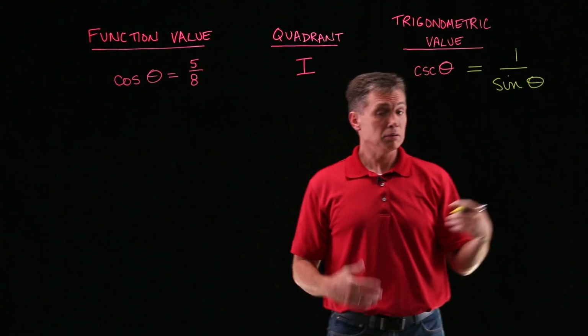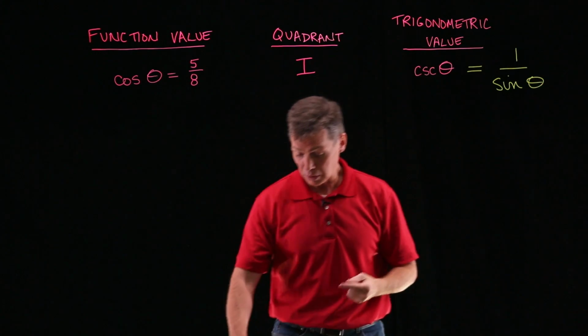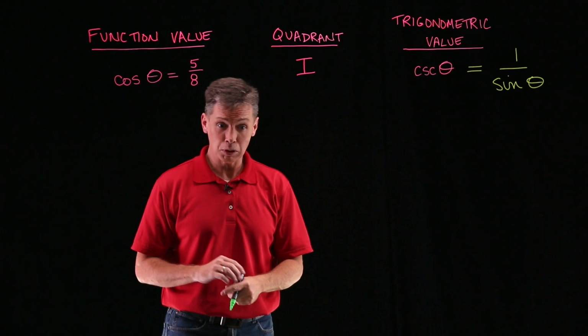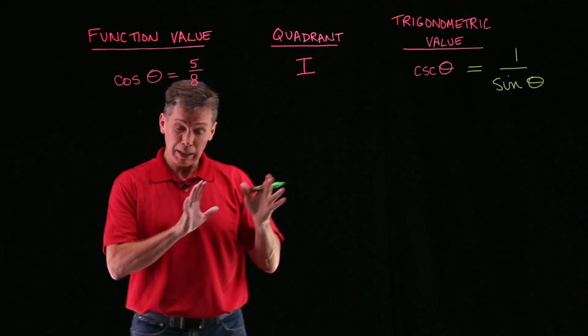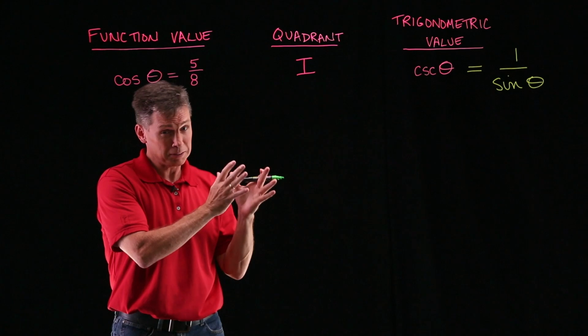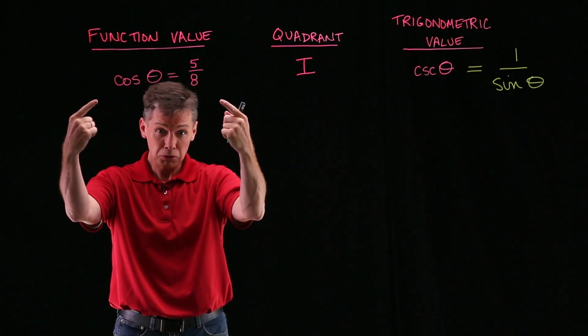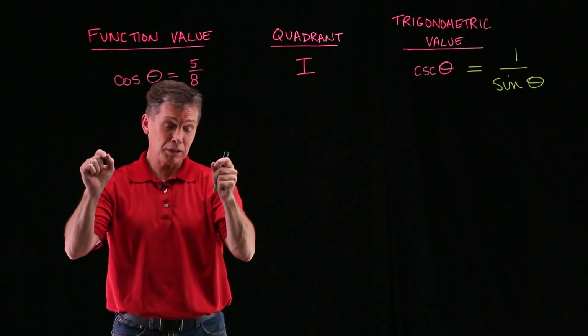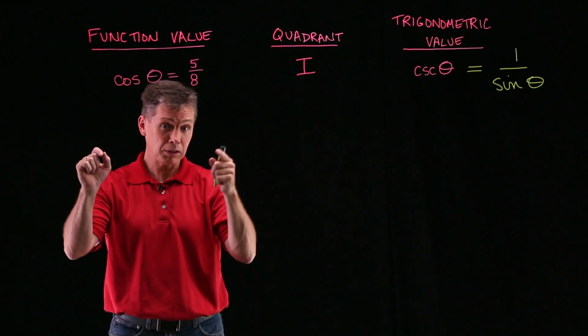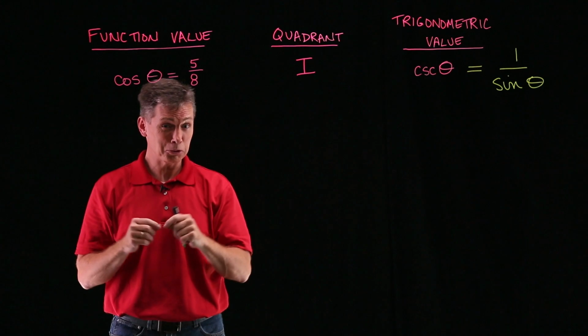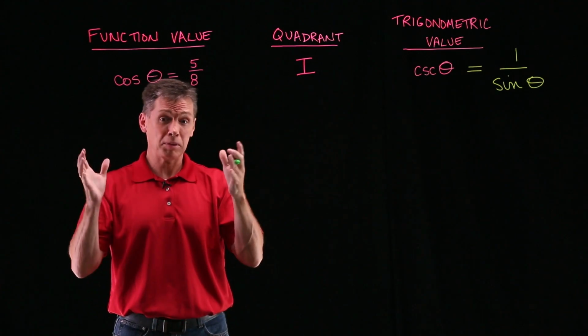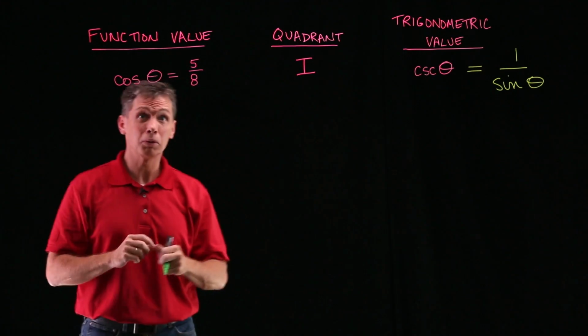The reason why I want to start with that is, now let me slide over here and do some more work, if I know that my answer is dependent on sine of theta, but what they've given me involves cosine of theta, I'm going to try to find a relationship between sine and cosine. You got to know your identities. This is the Pythagorean identity, one of the more important ones.